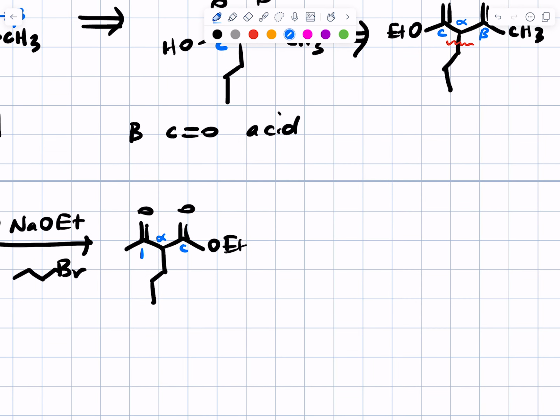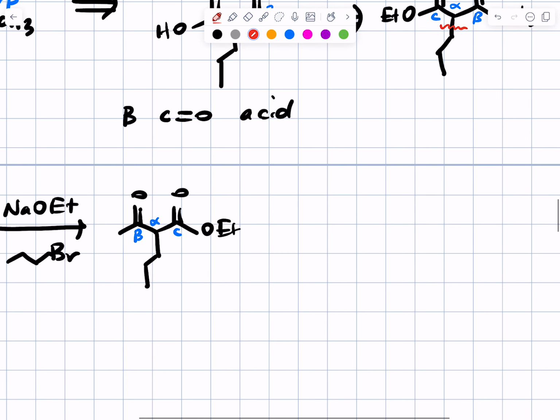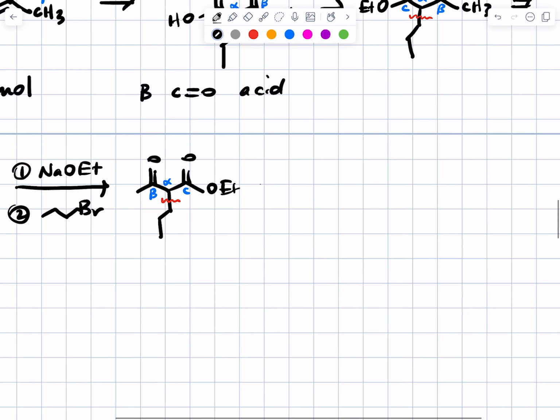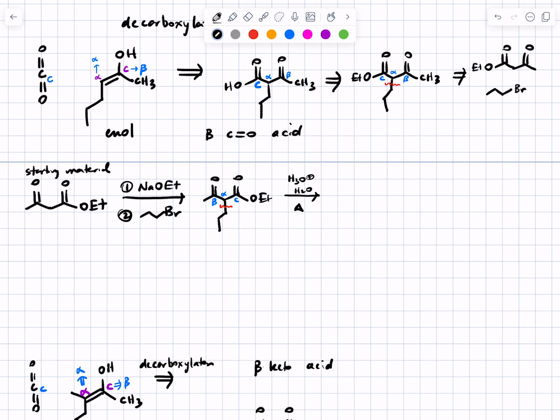Carbonyl carbon, alpha carbon, beta carbon. This is the alkyl group that I just attached. Now, I'm going to do acid catalyzed ester hydrolysis, decarboxylation, and tautomerization.